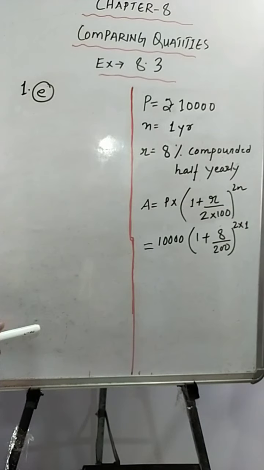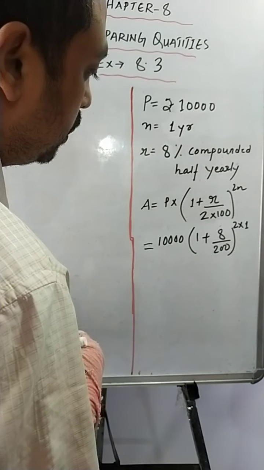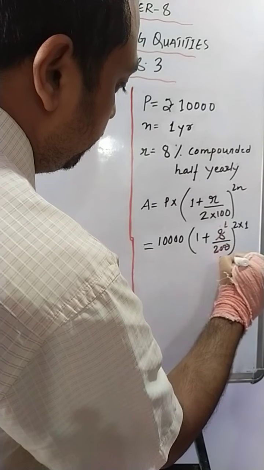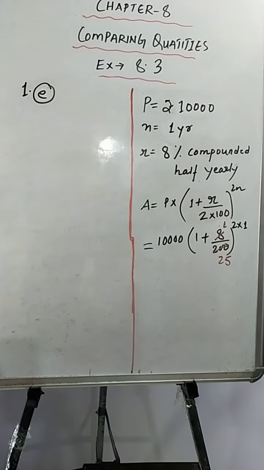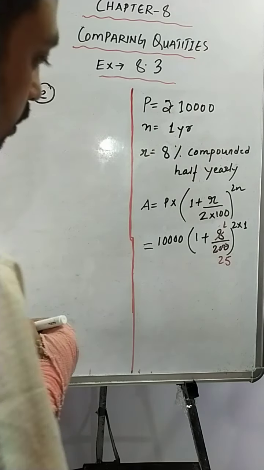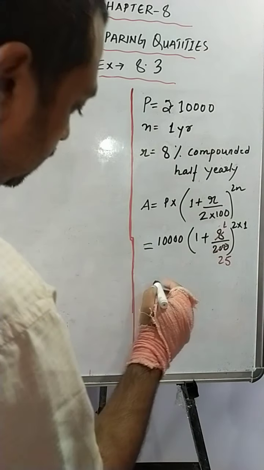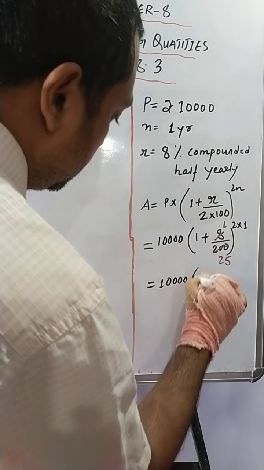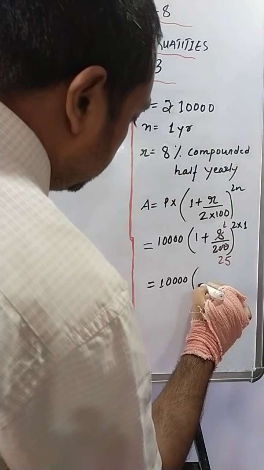Now let's reduce the values. See, 8 and 200 can be reduced directly. That is, 8 ones are 8, 8 25s are 200. Now let us write. So that will be 10,000. We'll take the LCM.